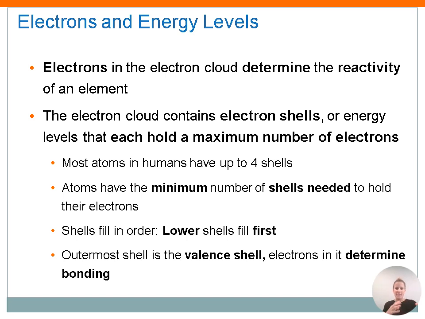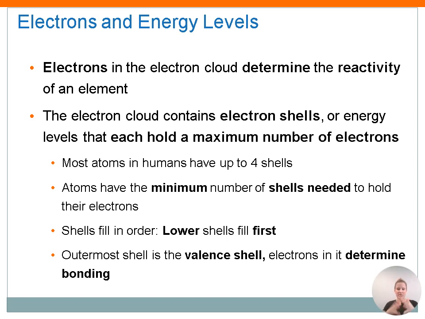Now, when we look at the number of electrons in each shell, for our purposes, the first shell can hold 2 electrons. The second shell can hold up to 8 electrons. And again, we're only going to go to 3. The third shell can also hold up to 8 electrons.